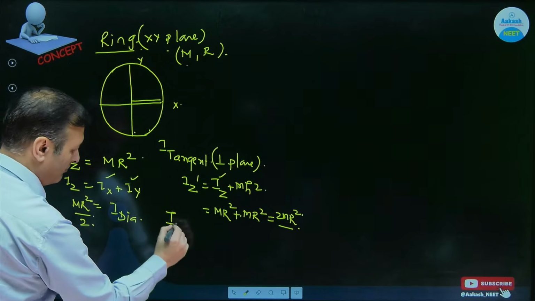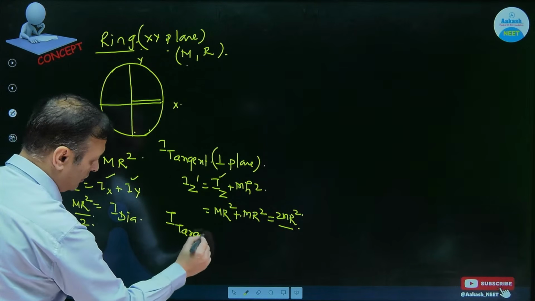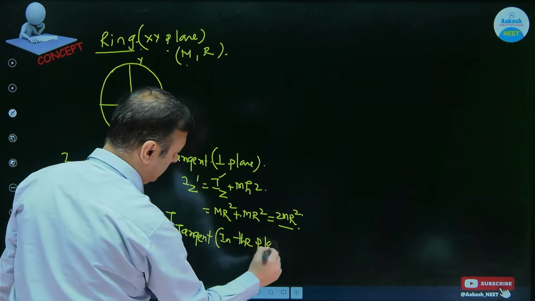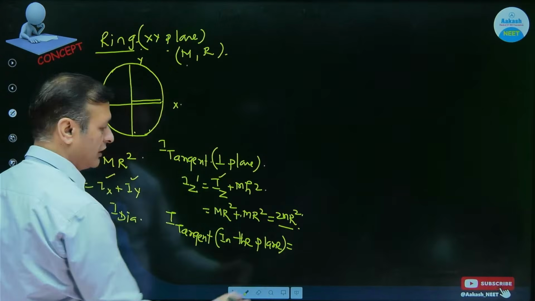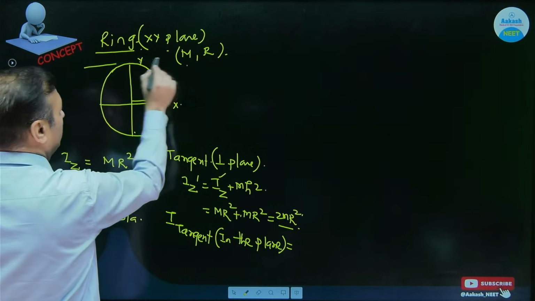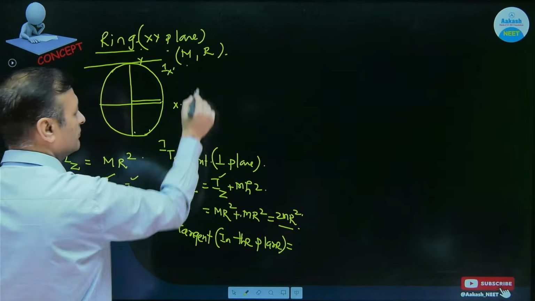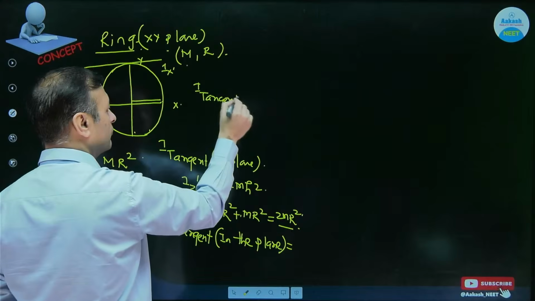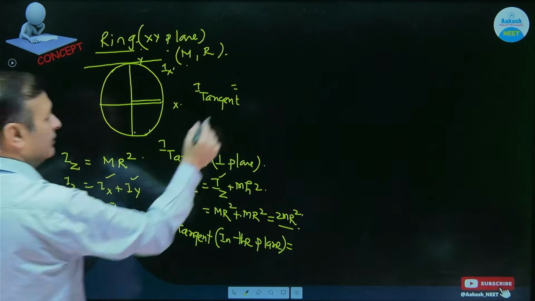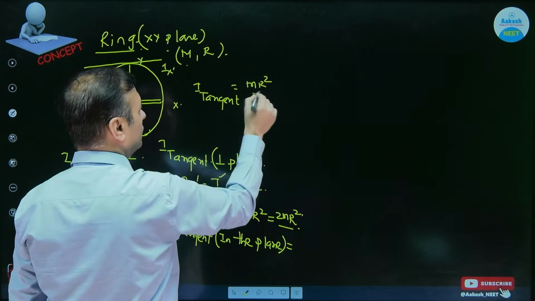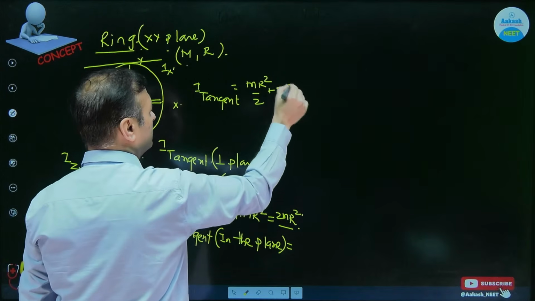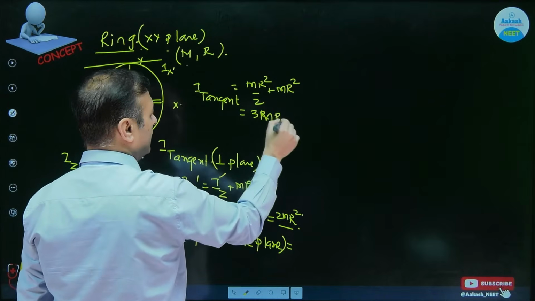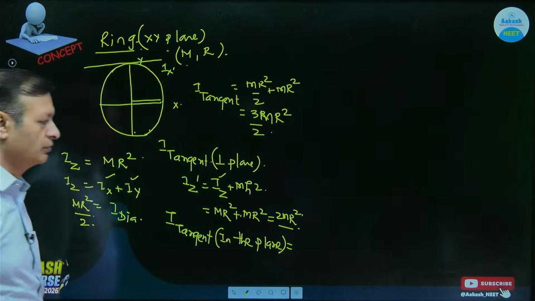And suppose you have moment of inertia about a tangent in the plane, let's call it Ix prime. So this tangent Ix prime in the plane is basically the diameter plus ms square, and that comes out to be 3 mr square by 2. Got it?